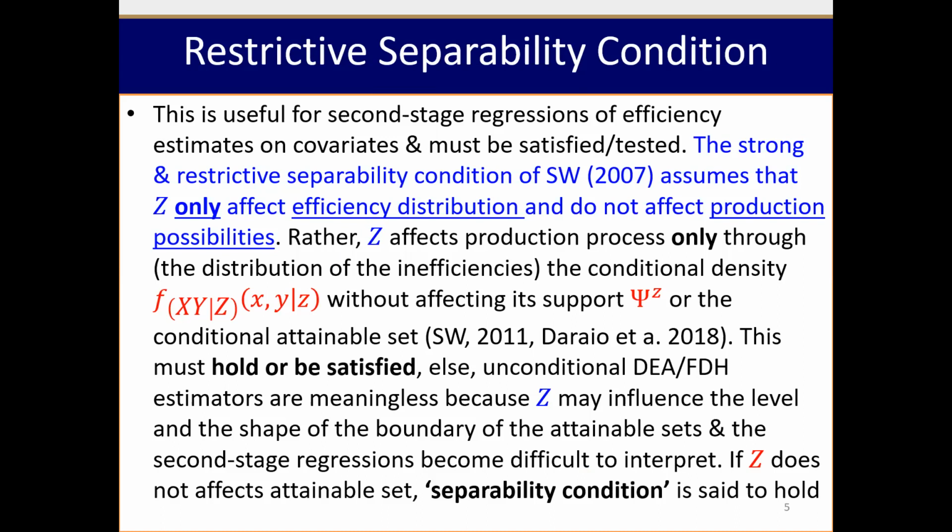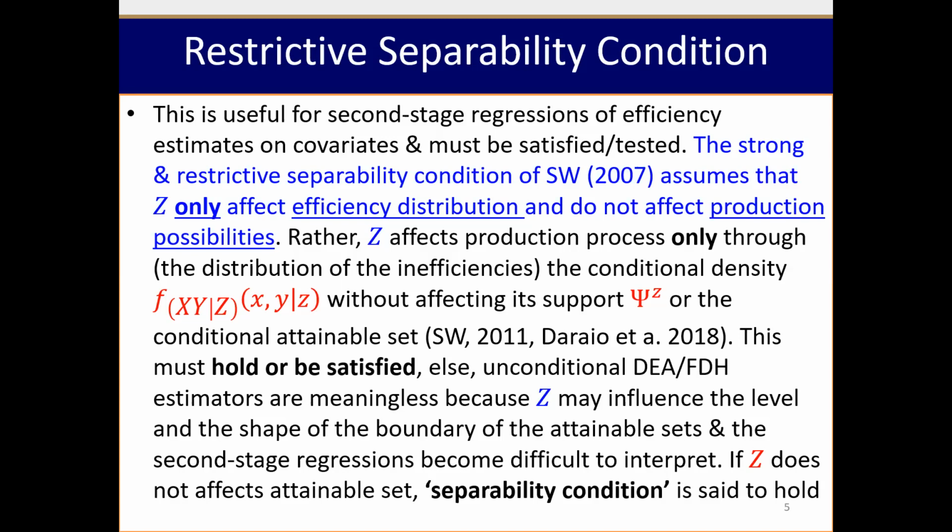They were not captured in the first stage analysis, and that is why you want to capture them in the second stage regression analysis. In other words, there must be a statistical understanding that they were not captured. So it's very useful for the second stage, because the second stage is needed provided you can prove that there was a separation between the input, output and the Z variable, which is environmental factors.